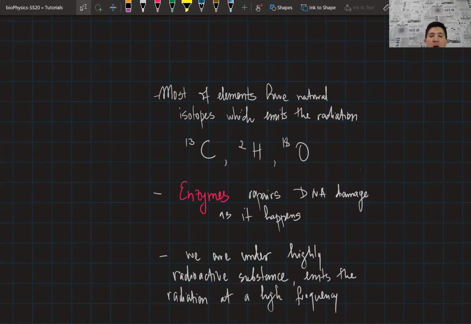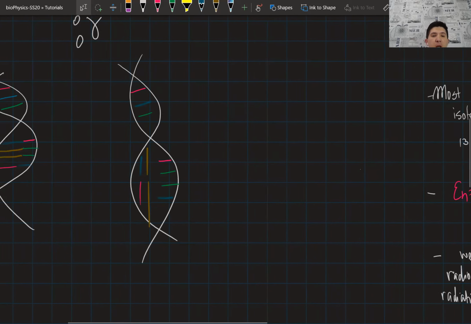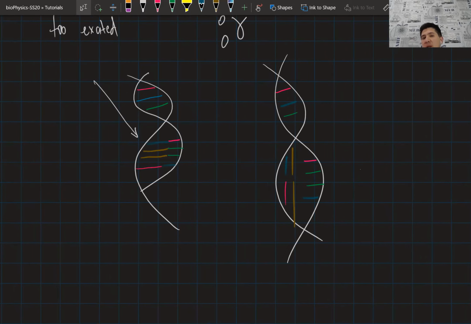But if we are around a highly radioactive substance, which emits radiation at a really high frequency, our body cannot repair itself as it happens. So those mutated cells may lead to cancer cells. This is just the summary about radiation.